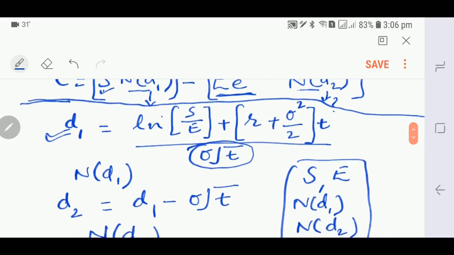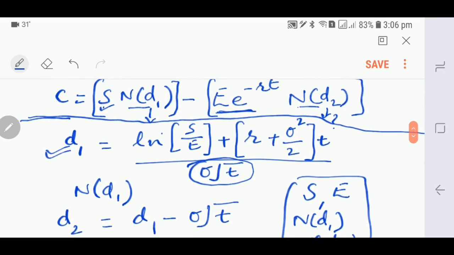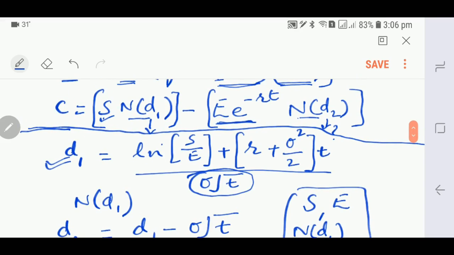So that is fairly simple then. All that is needed to be done is for you to remember the formula for the call option value and also the formulas for D1 and D2.